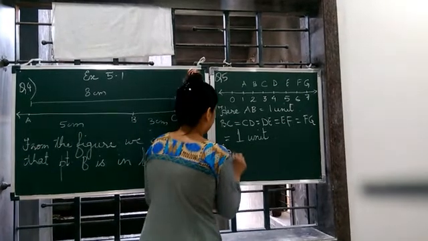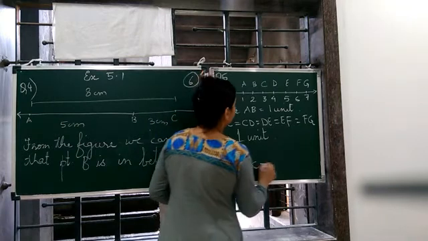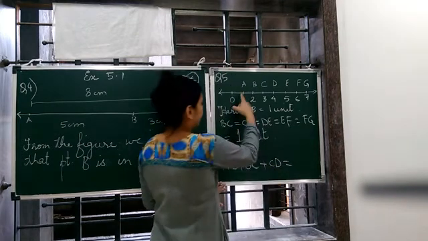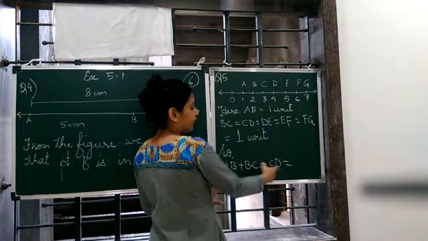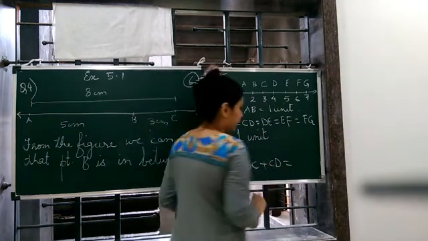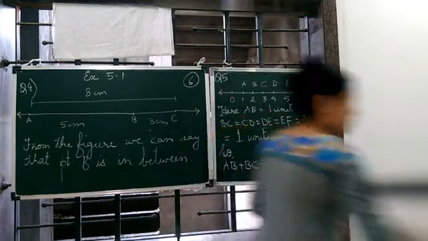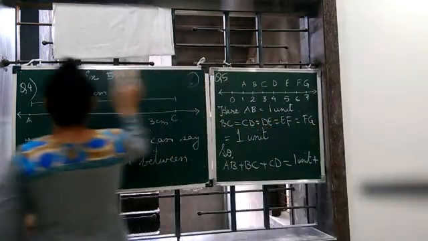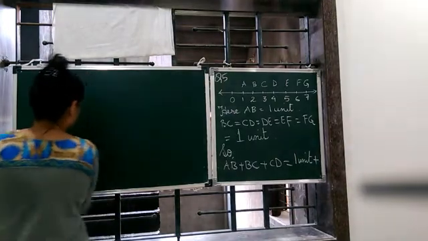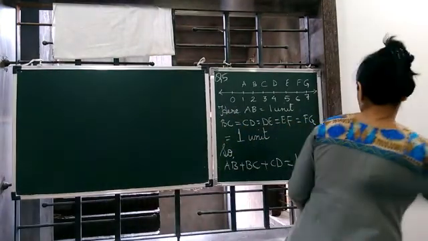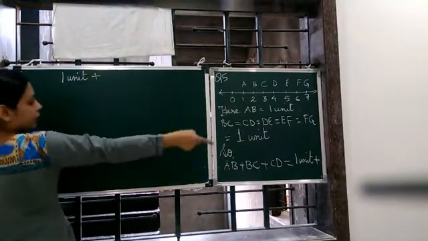So AB plus BC plus CD. 1 unit plus another 1 unit for BC. Third 1 unit for CD.